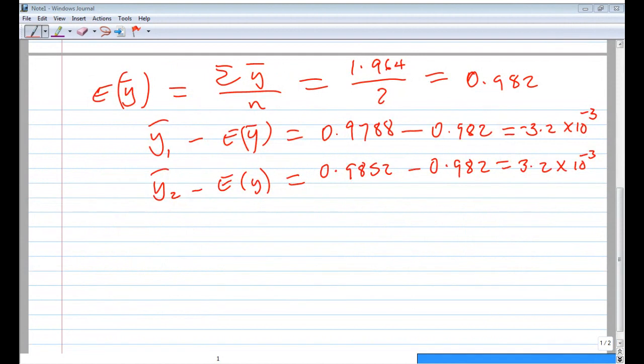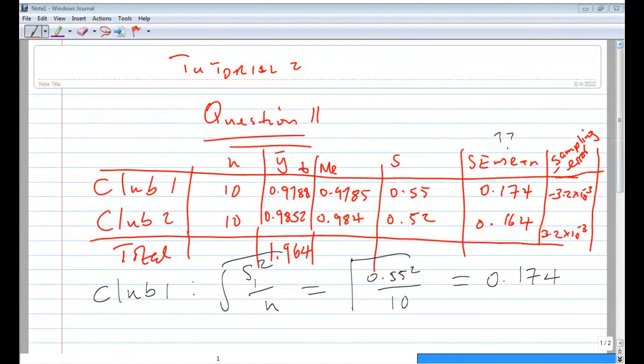Now, for the sampling error, when you add these two, they must give you what? 0, because those are the errors, so that our error can be 0. When you add them together, they must give you 0. This is something that I wanted to introduce to you: you must know how to find the sampling error. You must know how to find the standard error of a sampling mean.